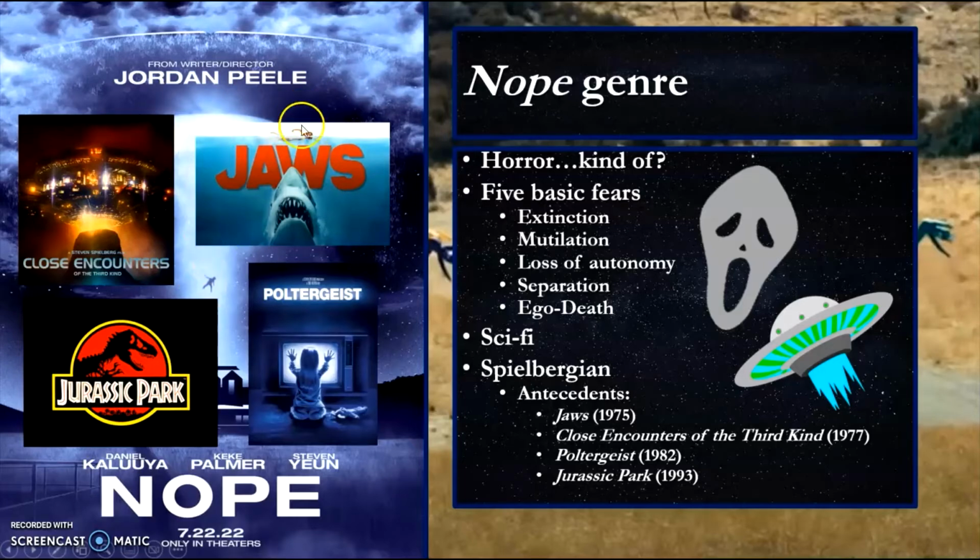With something like Jaws, like with Nope, it involves people hunting an animal. In Jaws, the shark. In Nope, Jean Jacket. But the shark in Jaws really is made into a monster, right? And he's not very sympathetic. Well, he's not sympathetic at all.